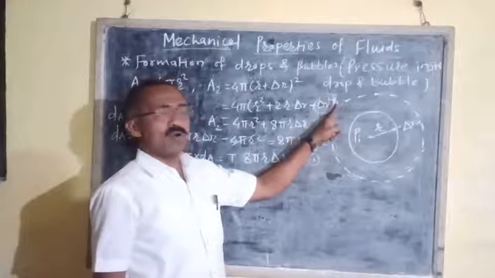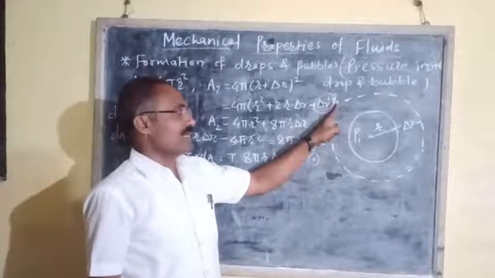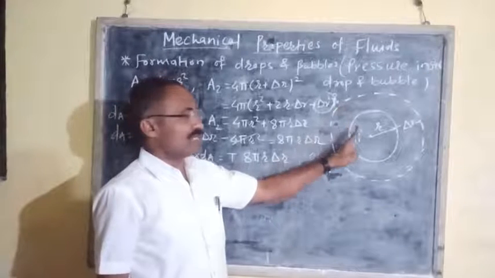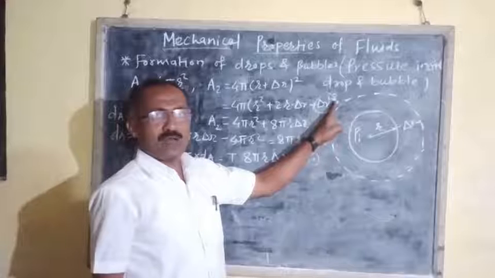As the drop is spherical, the pressure inside the liquid drop is greater as compared to the pressure outside the drop. Therefore the excess pressure becomes Pi minus Po, pressure inside minus pressure outside.